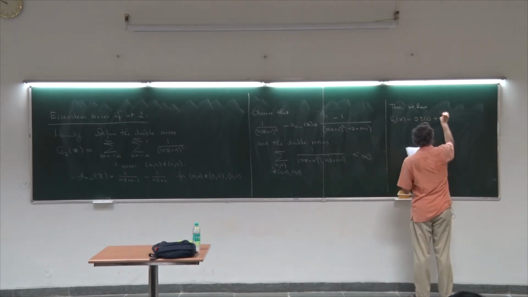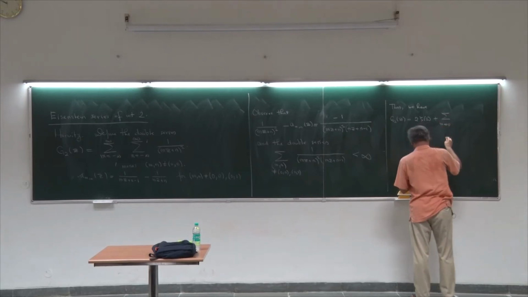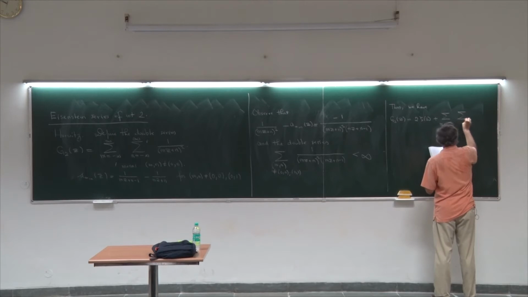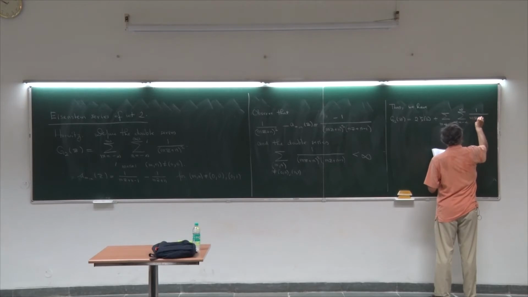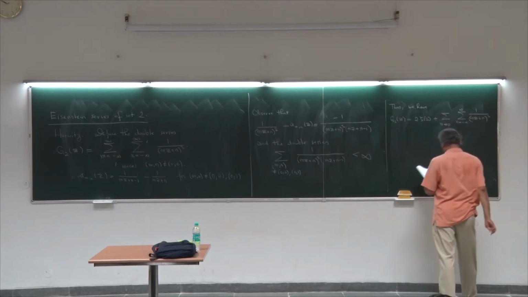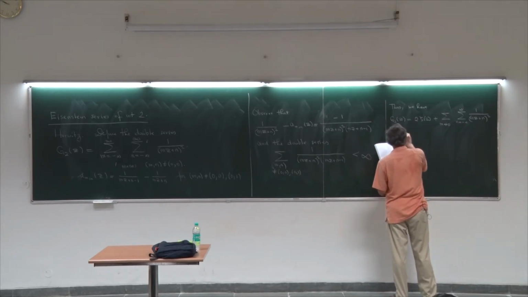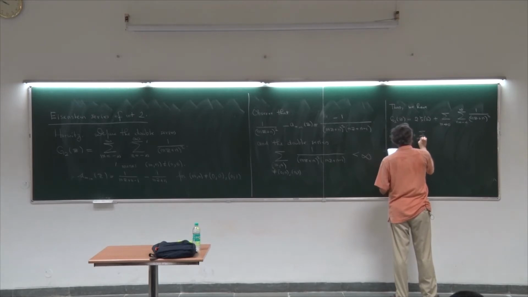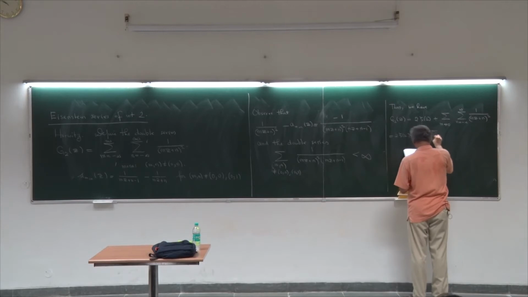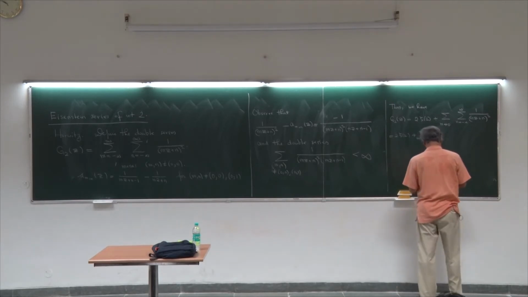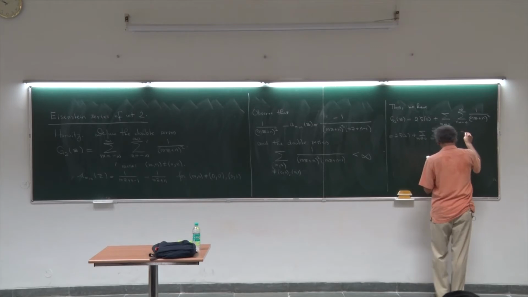And when m is not 0, we will write this as 2 zeta(2) plus the summation over m not 0 of the terms, subtract A_{m,n}(z).